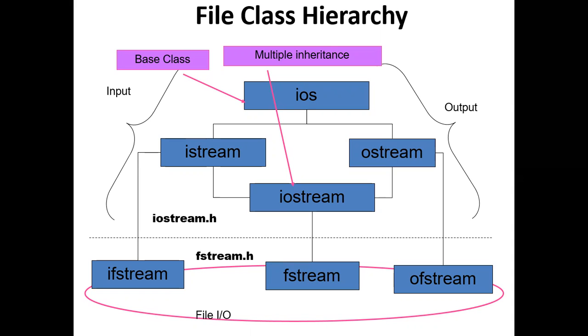If you want to store your data permanently on your hard disk, then we use the fstream class. ifstream is used to read a file from the hard disk, and ofstream is used to write a file on the hard disk. So input output is divided into two parts, file stream and iostream, which means console stream.